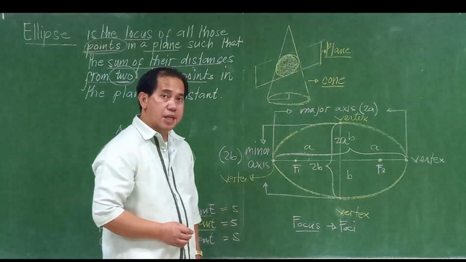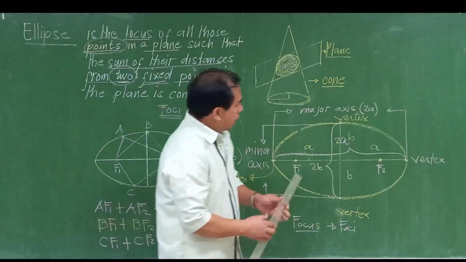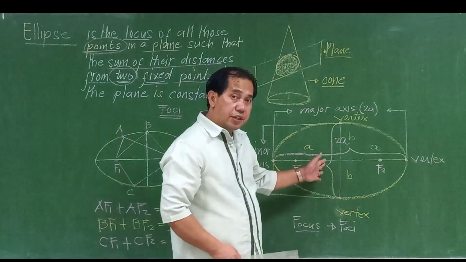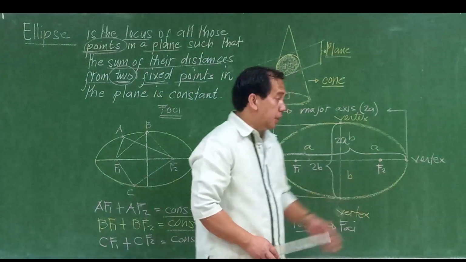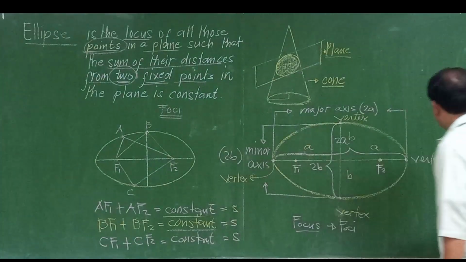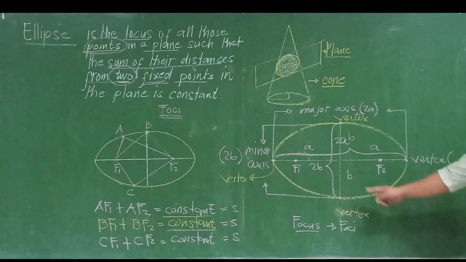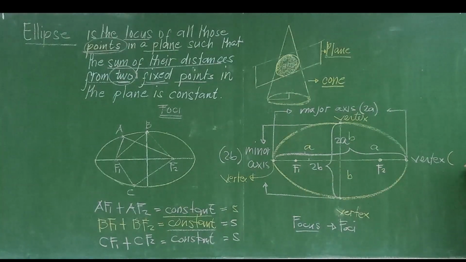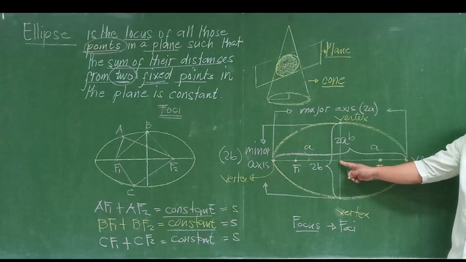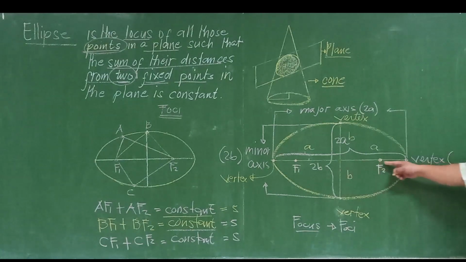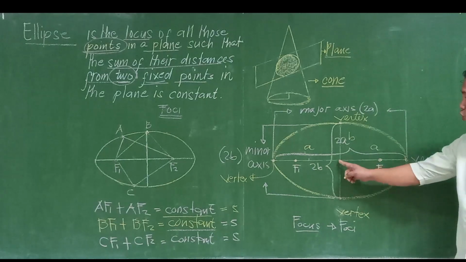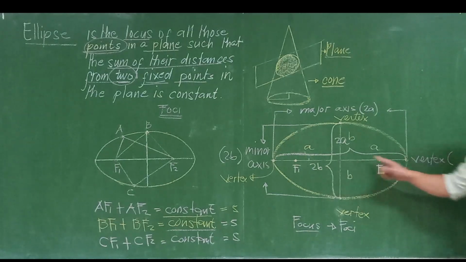Now, considering our vertices, what is their name? The vertex located at the right is actually what point? What is our x? Our x is in here, okay? There is the measure of the x.